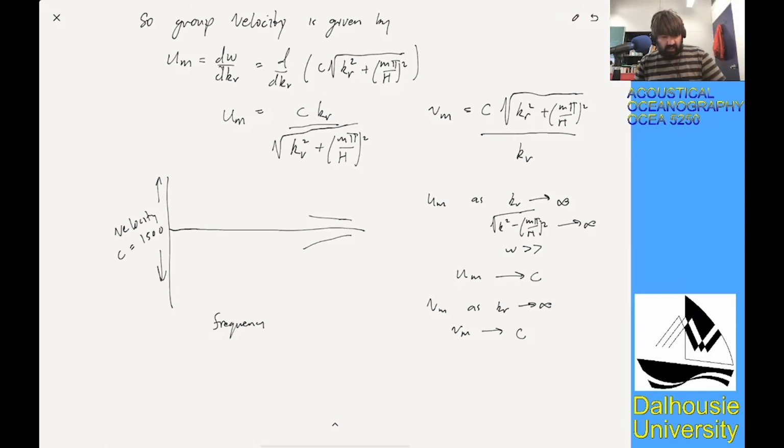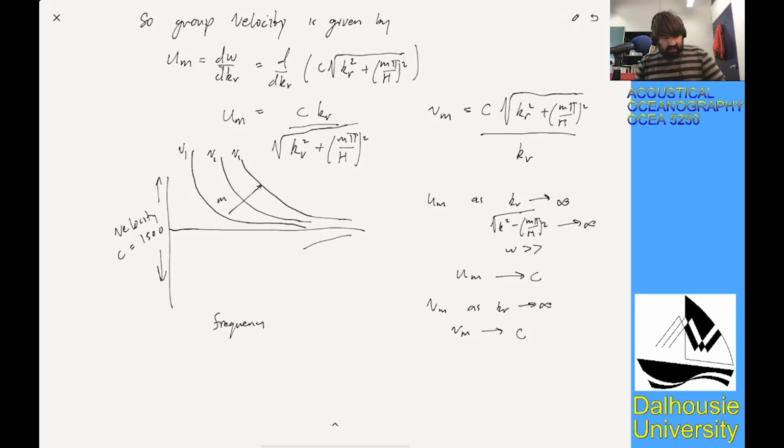For VM, we're approaching C from above, and it's quite easy to see that as you go down in mode number, you get closer and closer. You can support lower and lower frequencies. So there's our increasing mode number, V1, V2, V3.